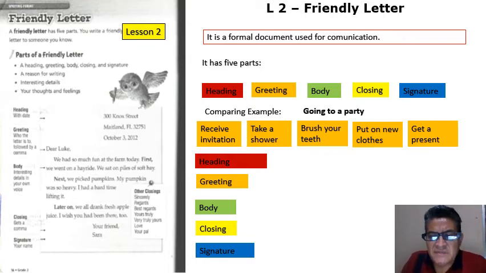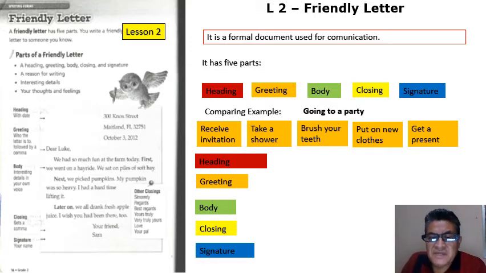Let's put an example. Our example for today will be going to a party. When you are invited to a party, you don't go to a party just the way you are. You go through a small process in order to attend the party of your friend.